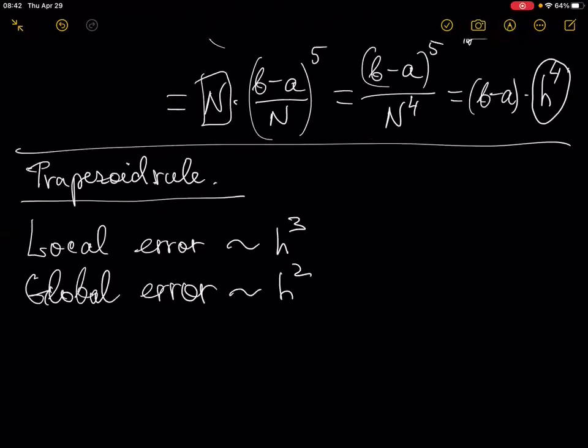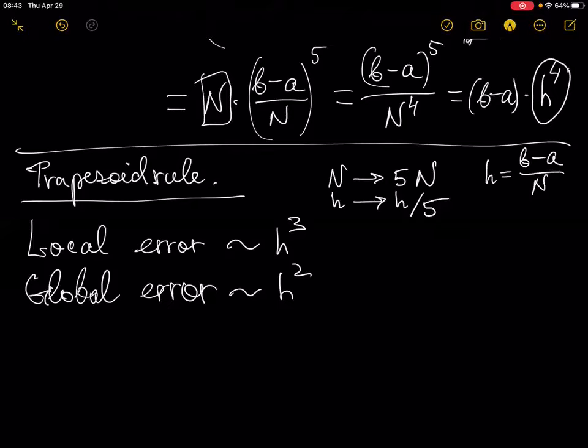Now, I'm asking the question. If I increase n, let's say 5 times, how will h change? It'll just decrease by a factor of 5. Right. Could you tell me how the local error will change?